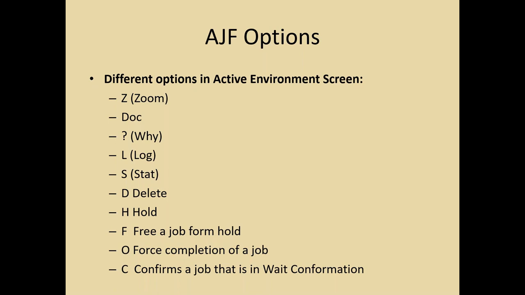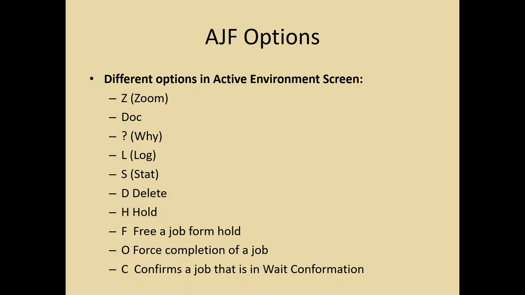Okay, then one more is force completing and forcing a job. This is important. Most of the time we get confused between force completion of a job and forcing a job. Forcing a job is nothing but manually bringing a job from your schedule library and table to option 3, that is the active job file.